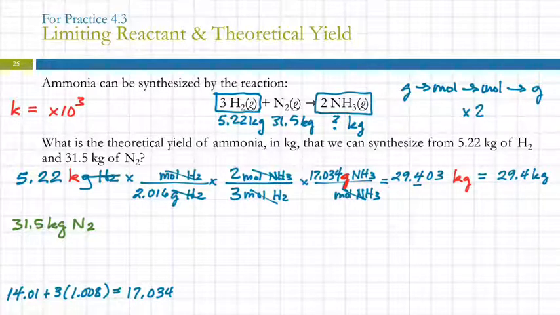And I'm trying to find kilograms. And so I'm going to do it the long way. I'm going to add a step at the beginning because I'm not starting with grams, I'm starting with kilograms. So I'm going to convert kilograms to grams. At the end I want kilograms, and so at the end I'm going to convert my grams to kilograms.